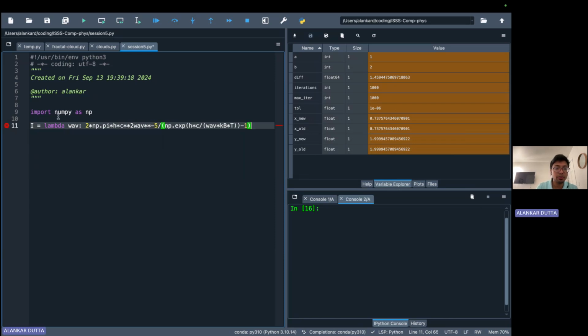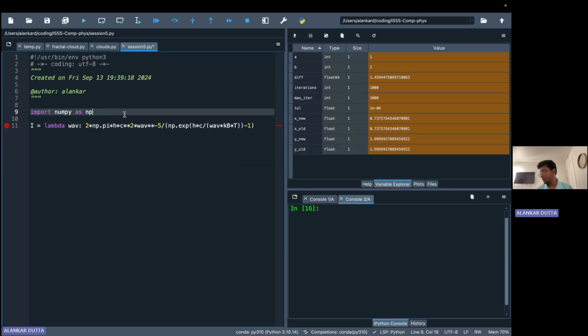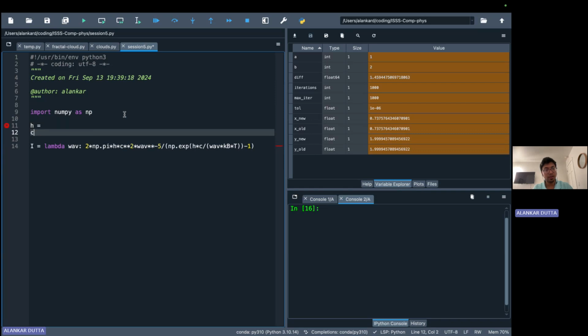Now we have to put in the constants. So h equals something and c equals 3e8.